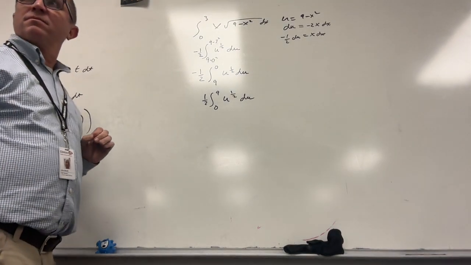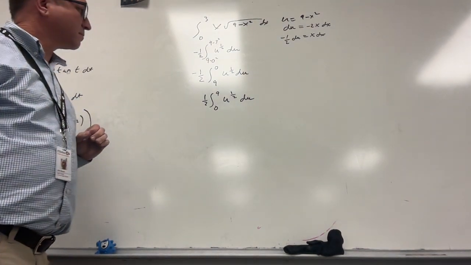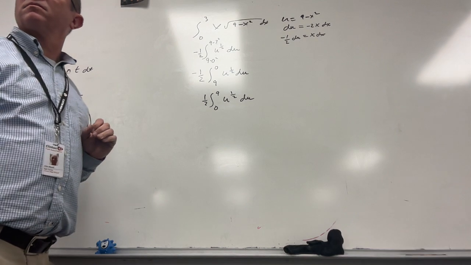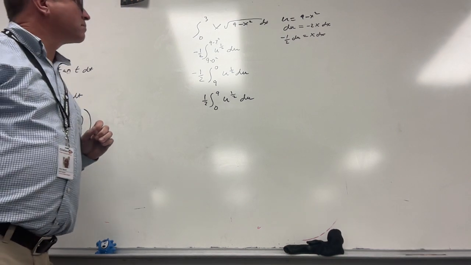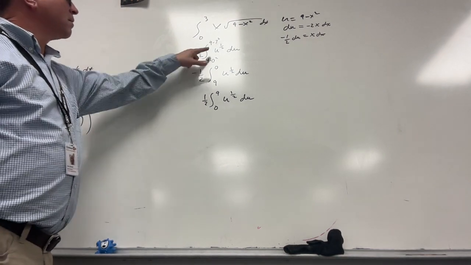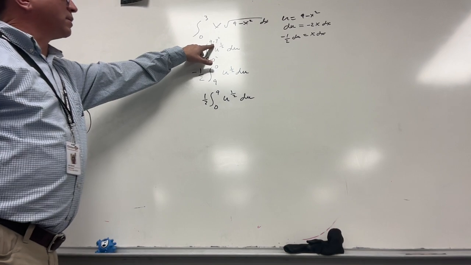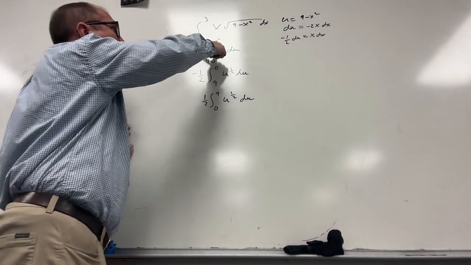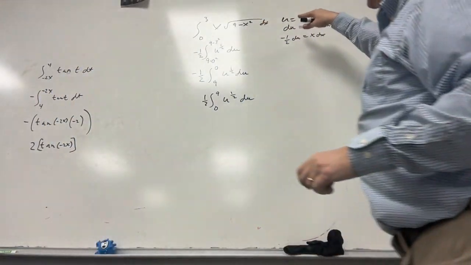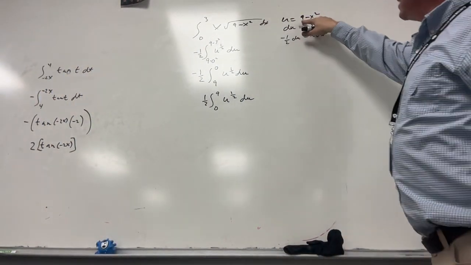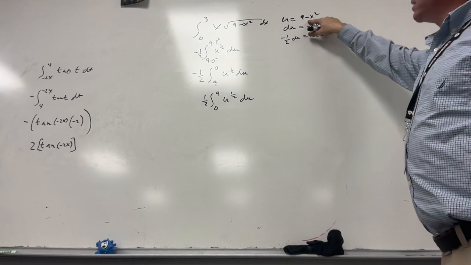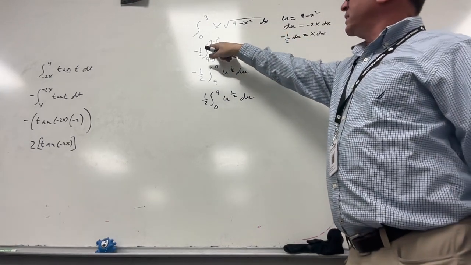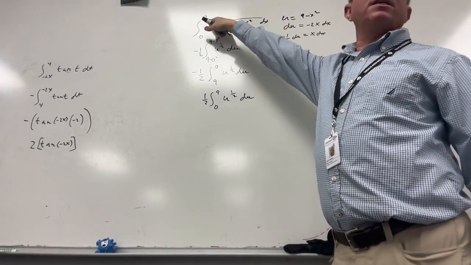Yes? How are you able to change the, like, 9 minus 3 squared, but why? All right, your question is about why this is 9 minus 3 squared. Because my u value is 9 minus whatever x is.